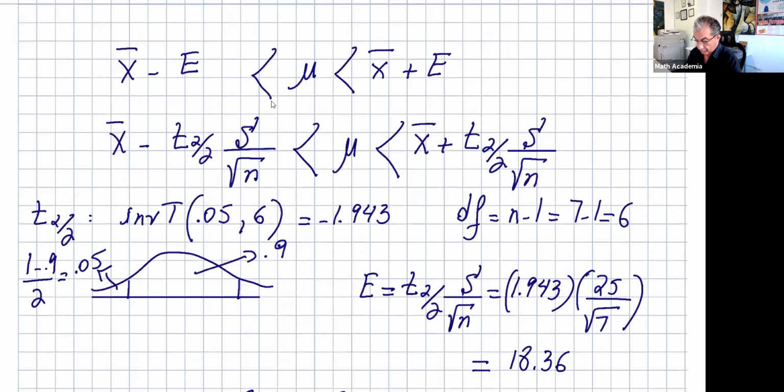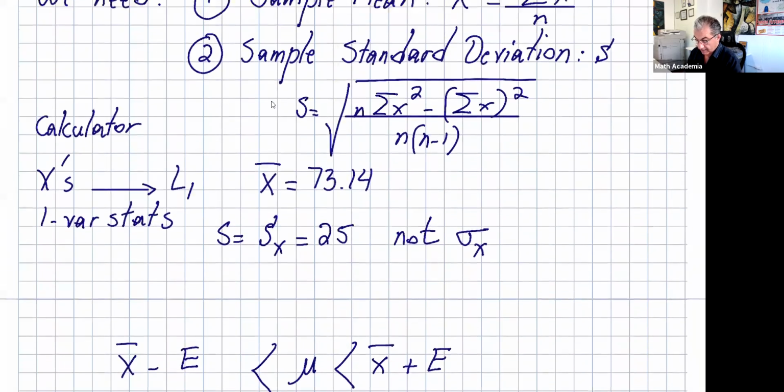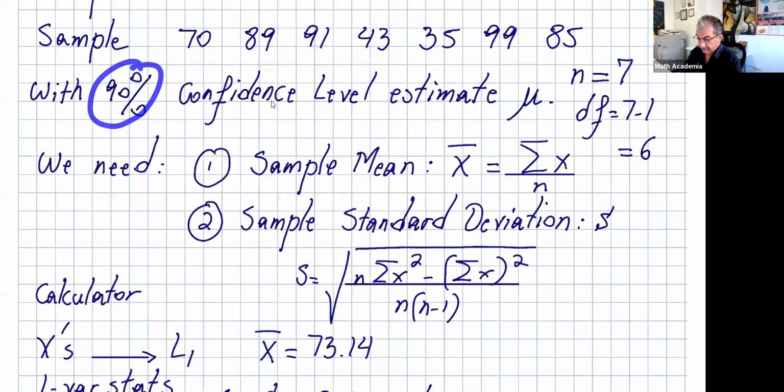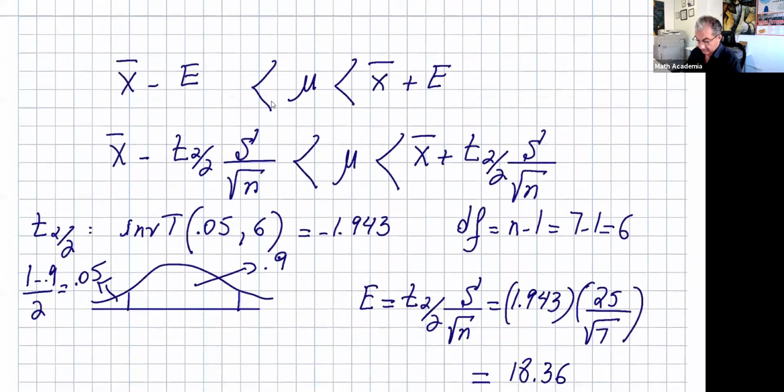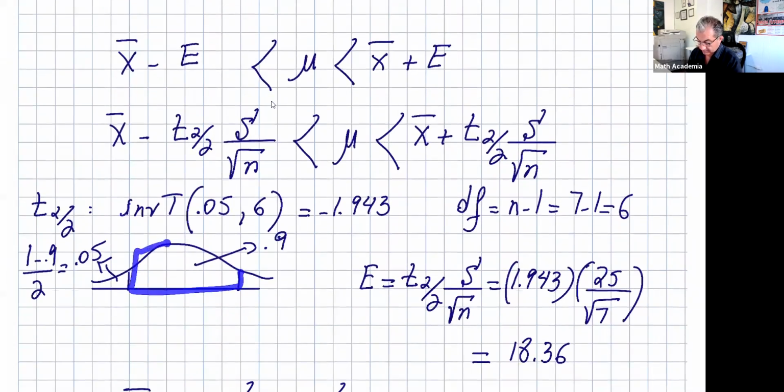If you want to use your calculator for 90%, the area in the tail is 0.05. So you can go to inverse t 0.05. Degrees of freedom: n was 7, so it's 7 minus 1, which is 6. So put the degrees of freedom, you get the critical value, negative 1.943, or you can use the table. It doesn't make any difference.